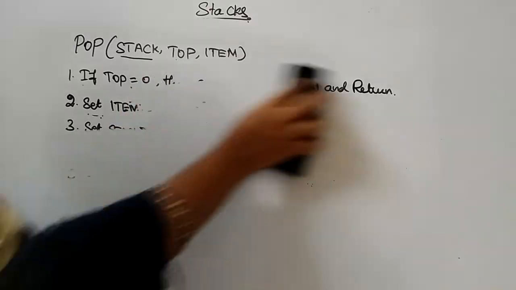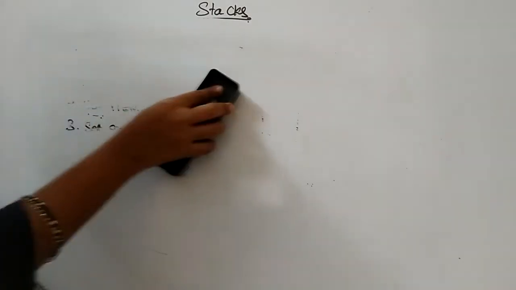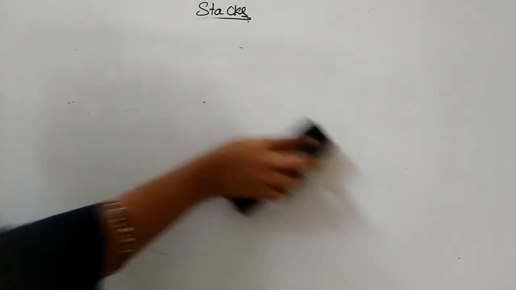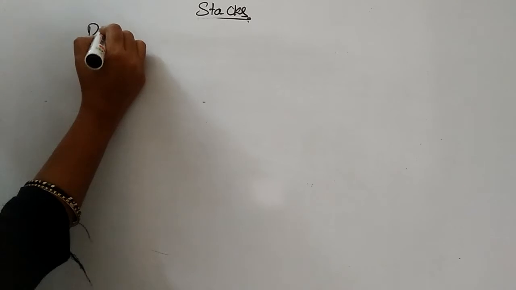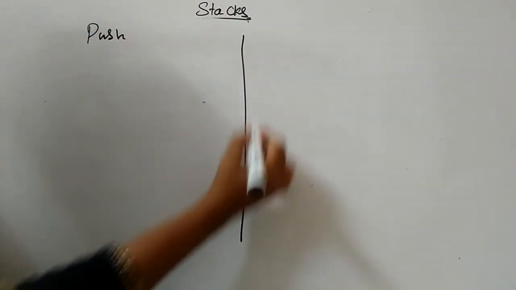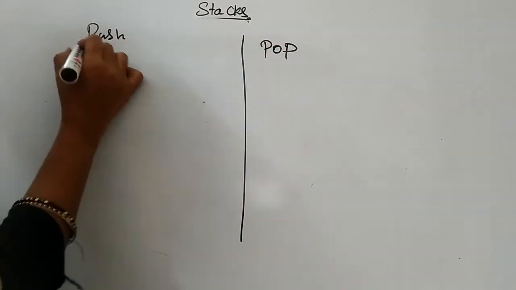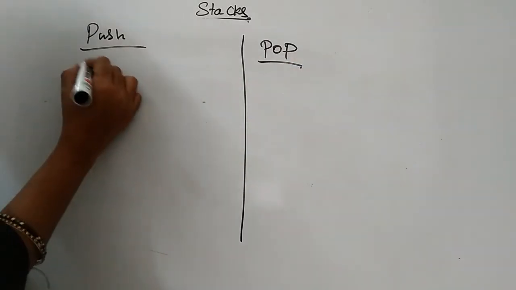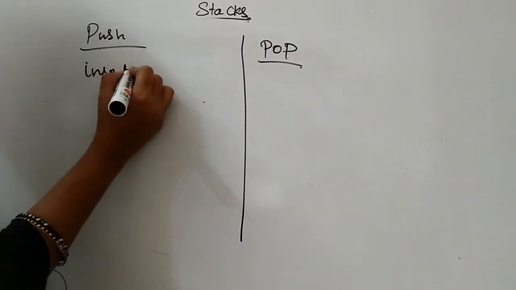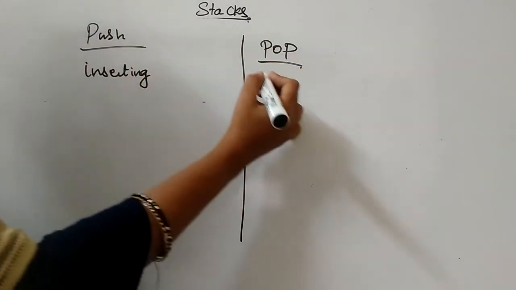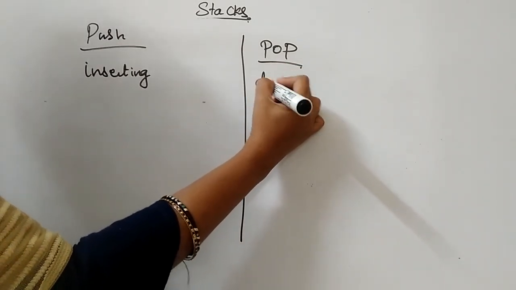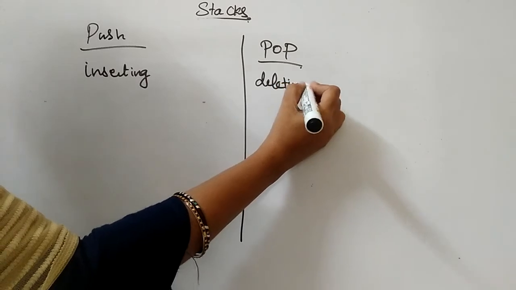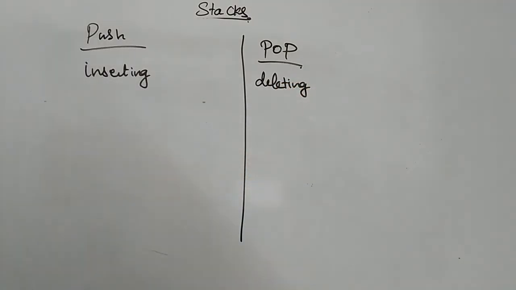And now let's see some differences between the push and pop operations that we have discussed so far. So I am writing push here and I am writing pop. Push is for inserting data onto the stack, and pop is for deleting an element from the stack.